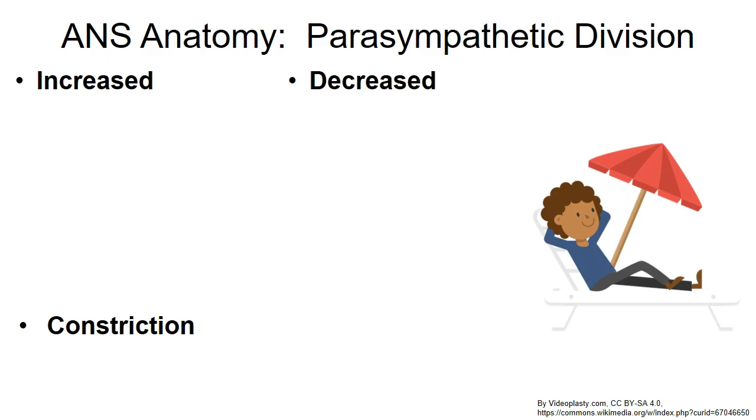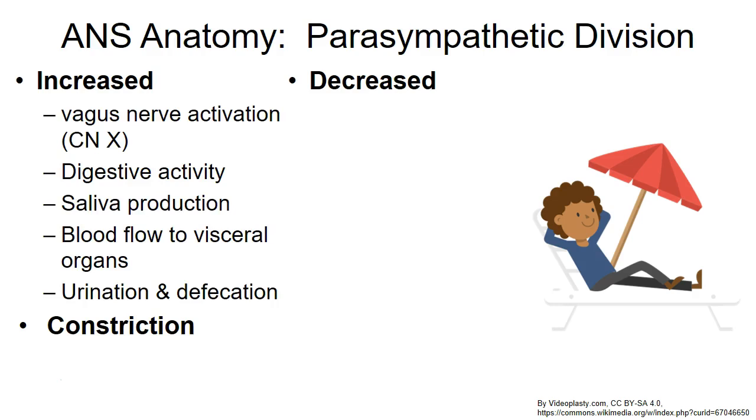So are we trying to make glycogen in the liver, or trying to break it up into glucose molecules so they can be released into the bloodstream? What do you think? Store it, right? So we're stitching together the glucose molecules to make glycogen in the liver. All of those things are resting and digesting.